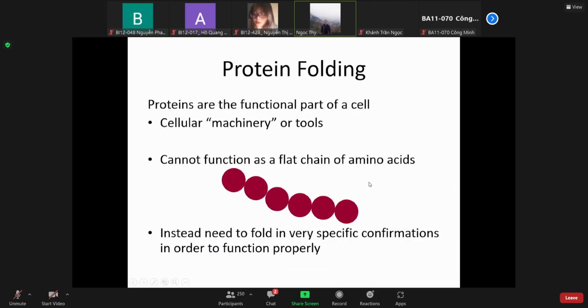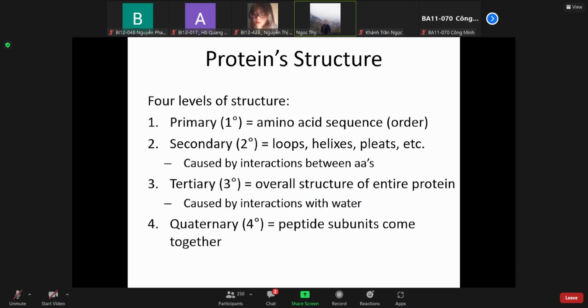So as soon as the polypeptide is synthesized, it goes through post-translation modification to form its higher structure. The process is called protein folding. There are four main levels of protein structure.